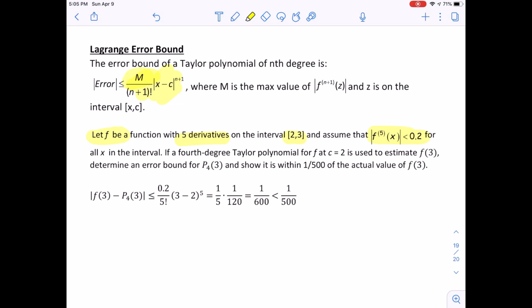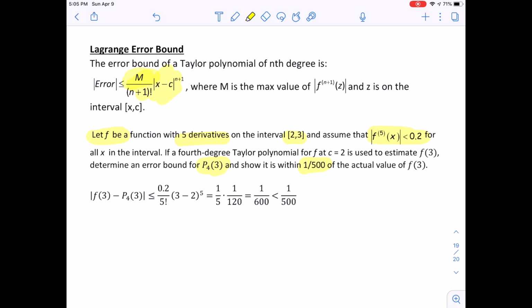And so it says, if a 4th degree Taylor polynomial for f at c equals 2 is used to approximate f of 3, determine the error bound for the 4th degree Taylor polynomial at 3, and show that it is within 1/500. So when they ask you to show something is within a certain amount, they're looking for you to use this proper error bound form, right?